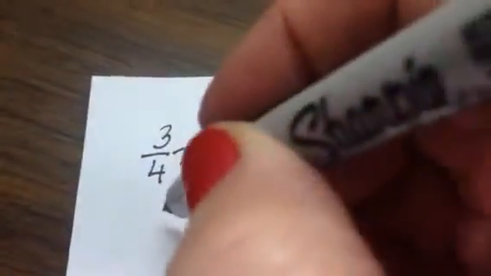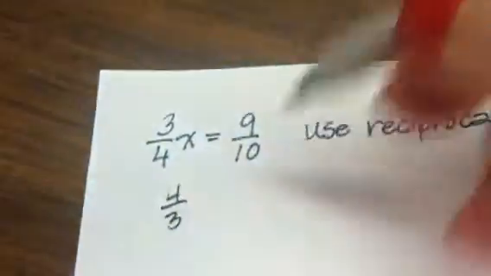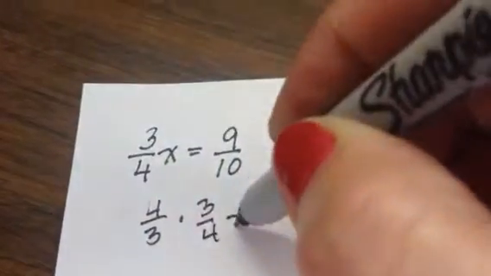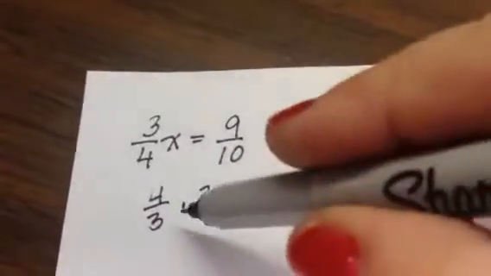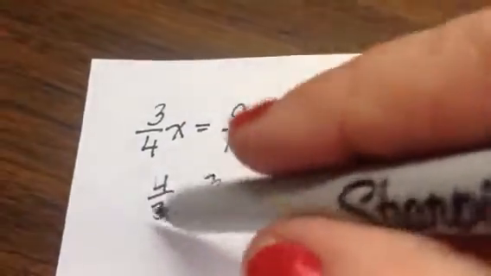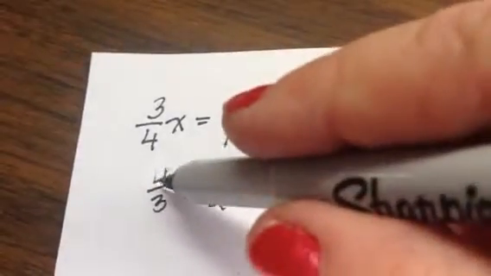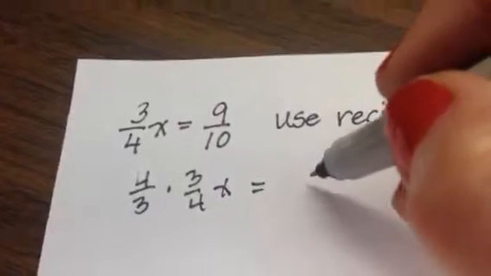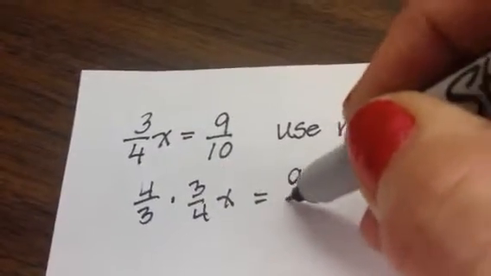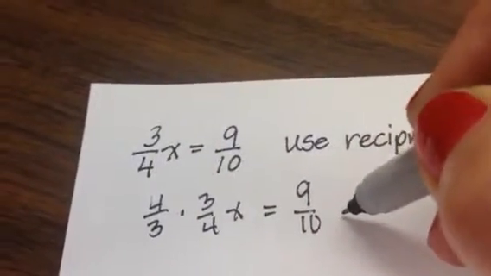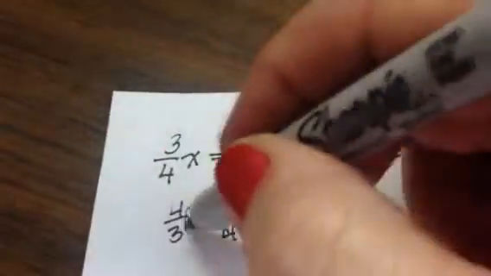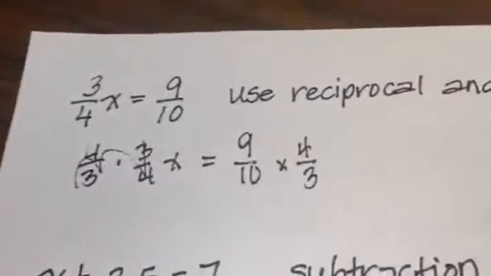So I'm going to write my reciprocal first. So I have 4/3 times 3/4 x equals, now, I made the problem larger by doing this, right? So whatever I do on this side, what? You have to do on the other side. That's right. So 9/10 times 4 over 3. Now, I've just gotten rid of this, so I've isolated my x.